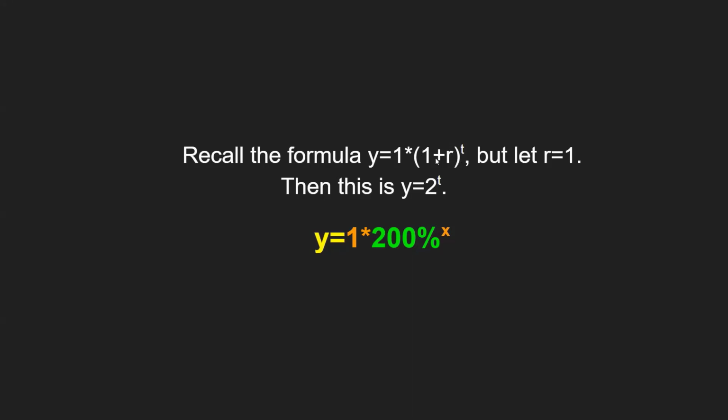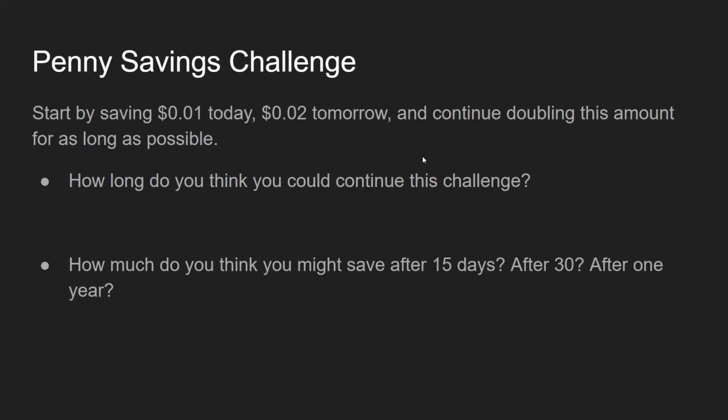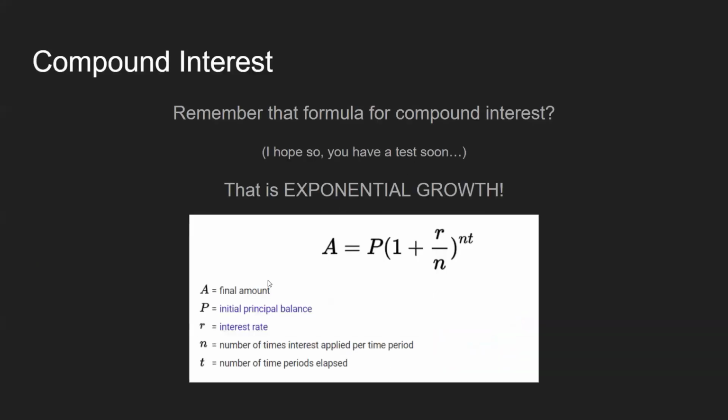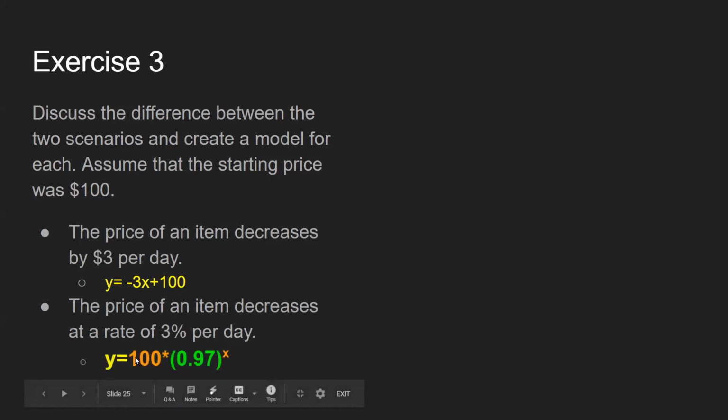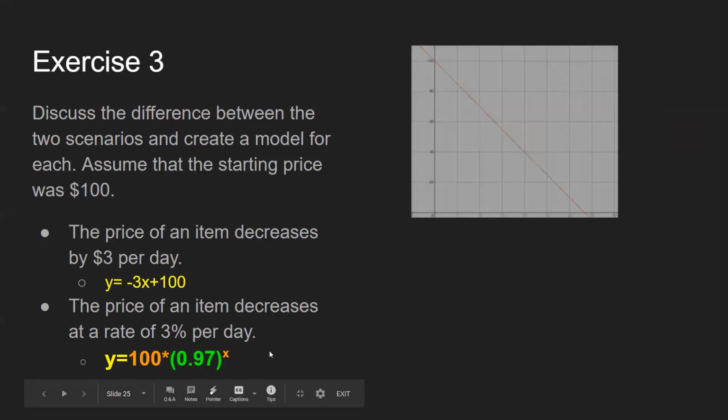So if you're decreasing, you're going to subtract that from 100%. And so that is why on this exercise, my setup is the initial value times my base, 97%. Every single day I multiply the price the day before by 97%, and that's going to give you exponential decay.